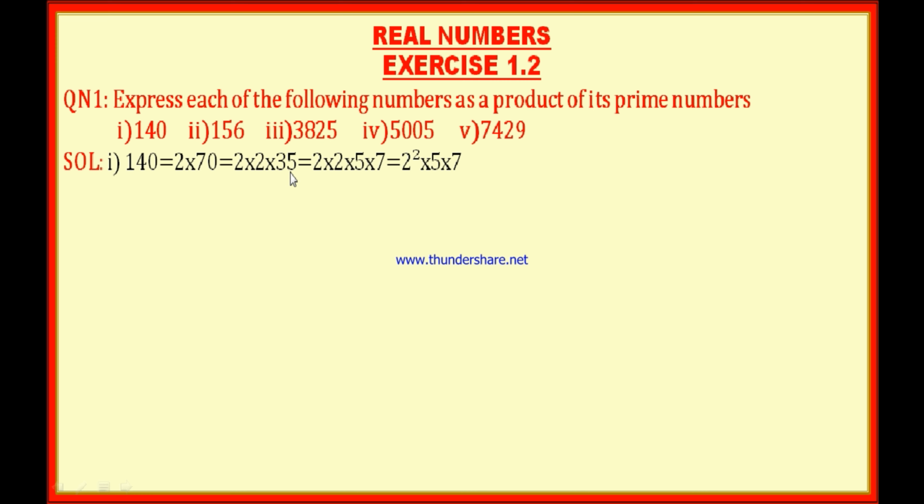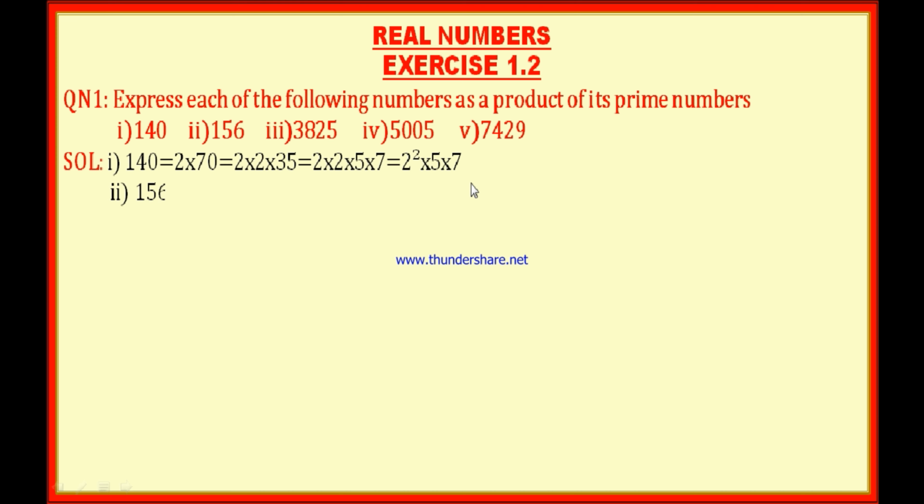Now 35 is not divisible by 2. Is it divisible by 3? No. Then it is divisible by 5. First you write 2 into 2, later 35 can be written as 5 into 7. Therefore in total 140 can be written as 2 into 2 into 5 into 7, that is 2 square into 5 into 7.